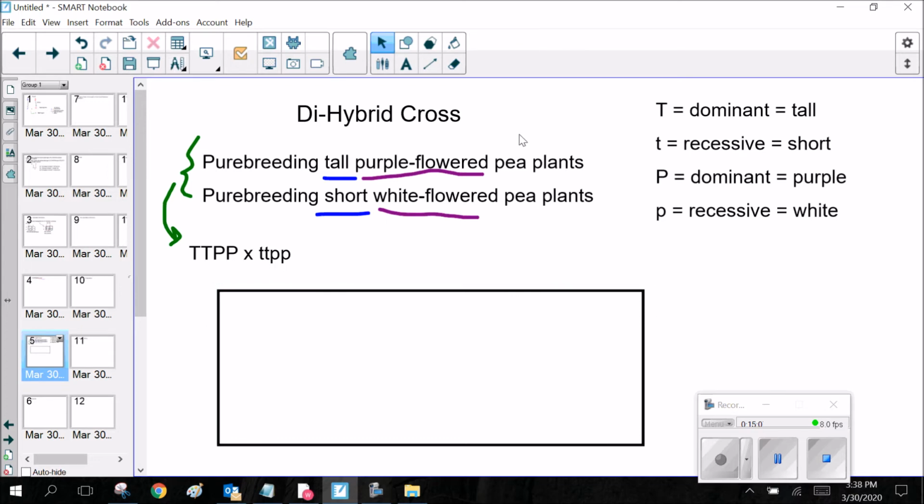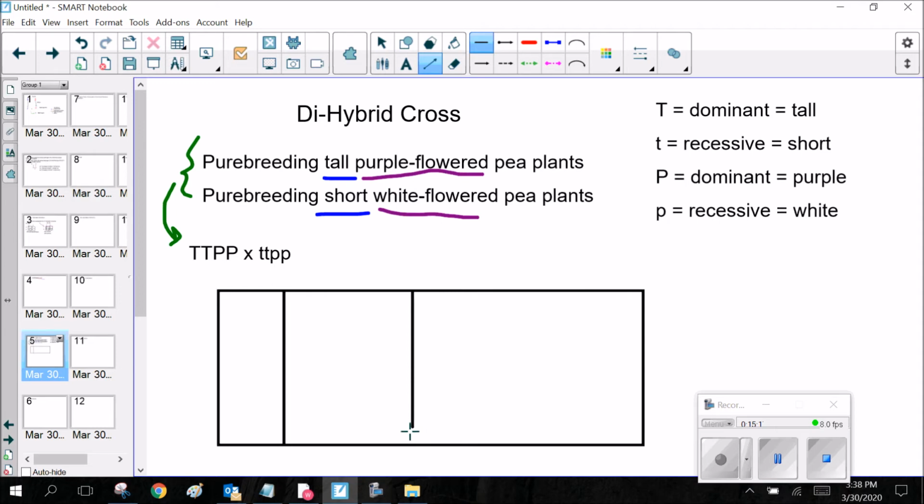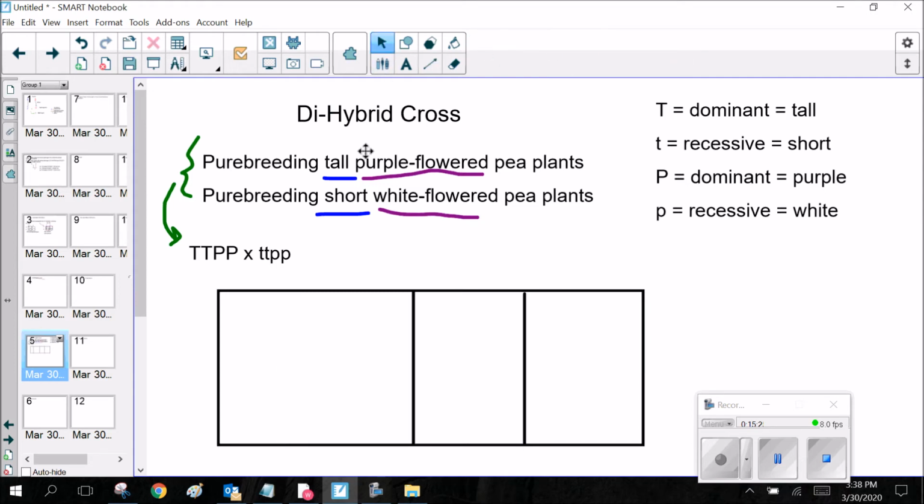So you're going to draw a box, and then I'm probably just going to want to draw lines in as well. So you're going to do 3 lines down, and these should be equidistant from each other. I obviously am not great at drawing. There we go.